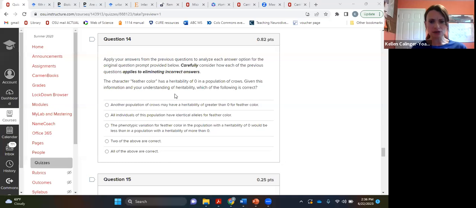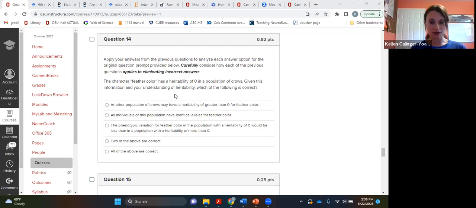Okay, so let's think a little bit about this one. The character feather color has a heritability of 0. Given this, is option B correct? Well, if heritability is 0, then I know that means there's no phenotypic variation due to genotypic variation. So one way that that could happen is if everybody has identical alleles.